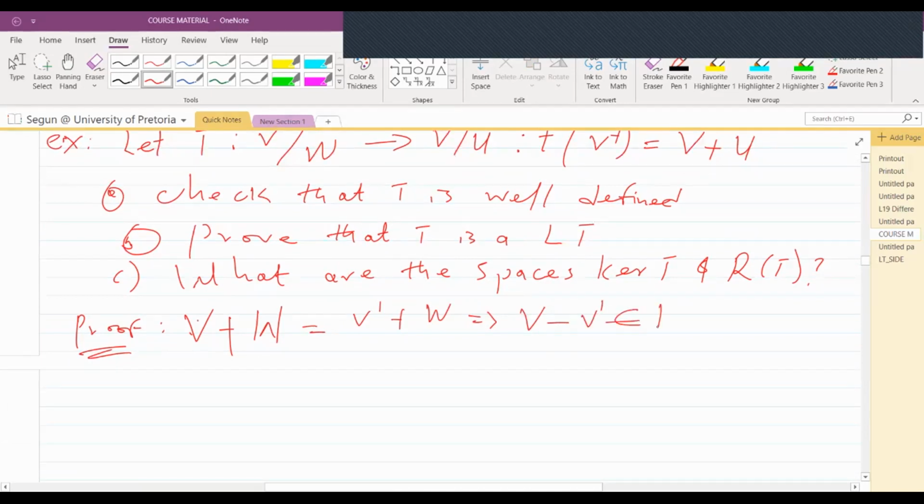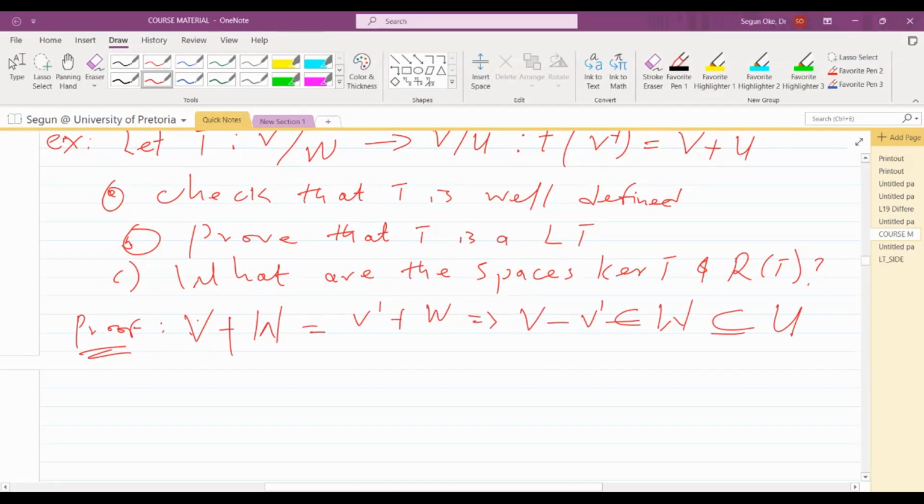Everything belongs to that W, which is also contained in our U. Remember, we improvise the other side. By the time you match them together, they all belong to that W, and they are also contained in the capital U that we are working with.